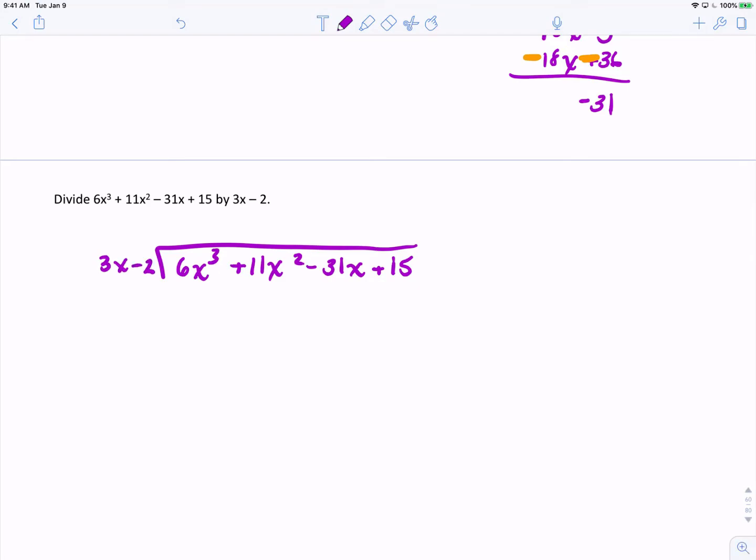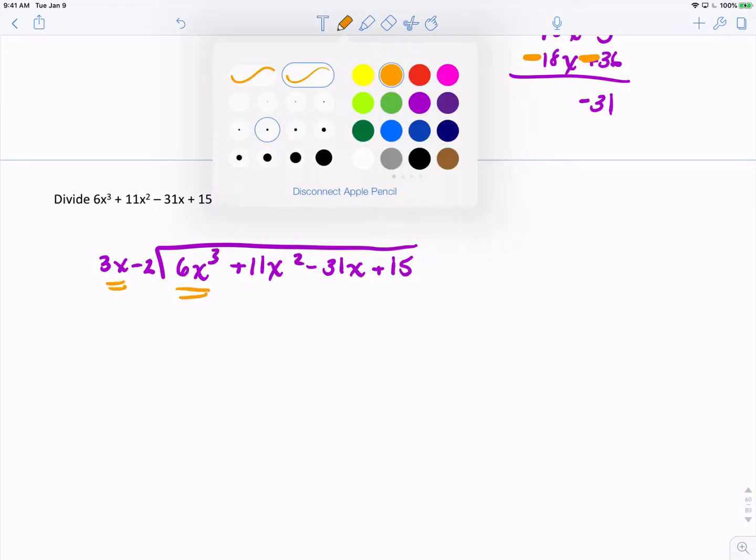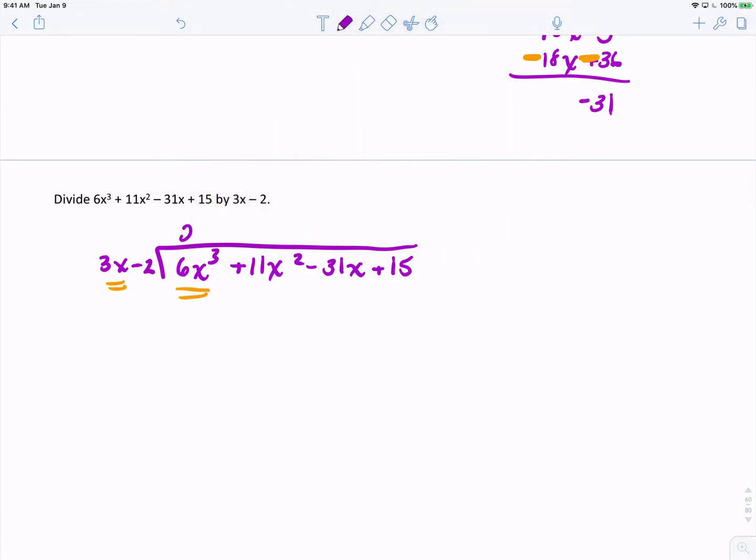Again, it starts by asking yourself, what would I multiply 3x by to get 6x cubed? Well, that would be 2x squared. So we're going to go ahead and multiply. 2x squared times 3x is 6x cubed. 2x squared times negative 2 is negative 4x squared.